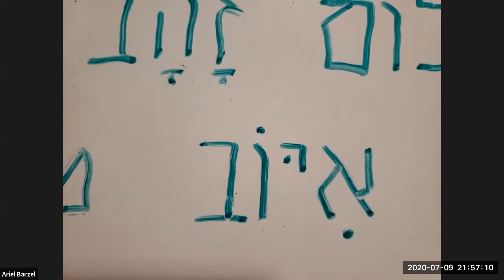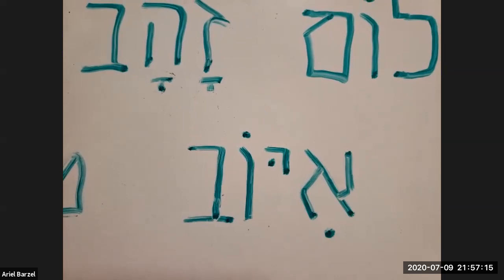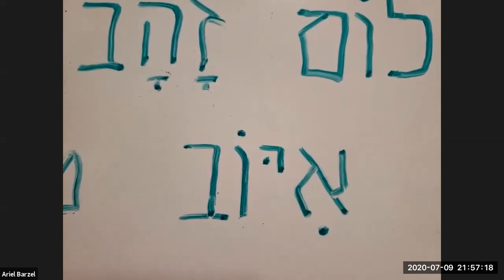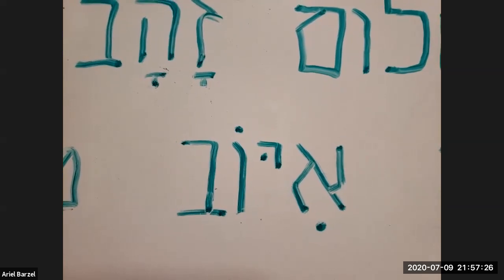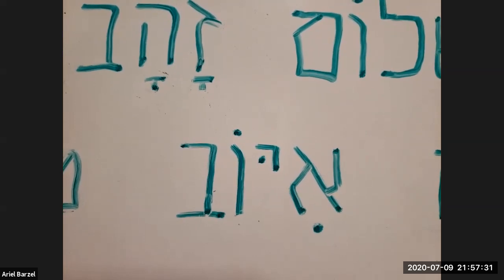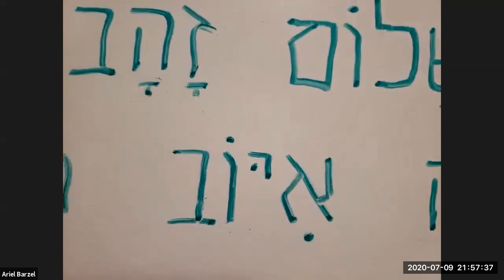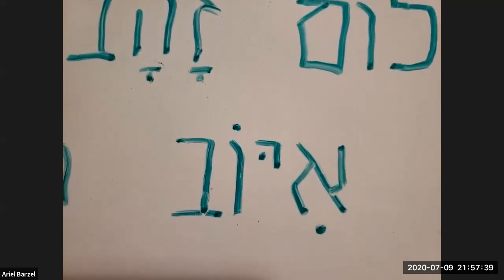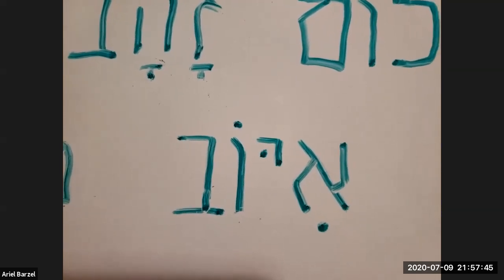I'm having a blank. So when they do a bad transliteration, what do they normally transliterate the yod as? Not a Y, but a what? When they transliterate the yod into English, what do they normally make it?